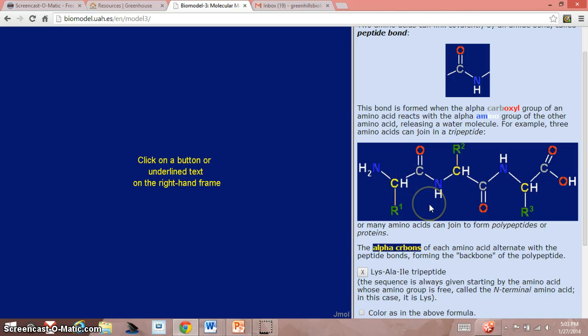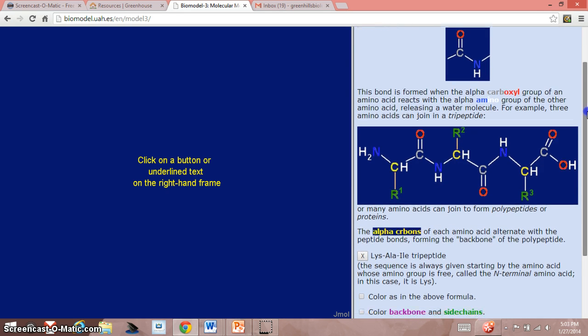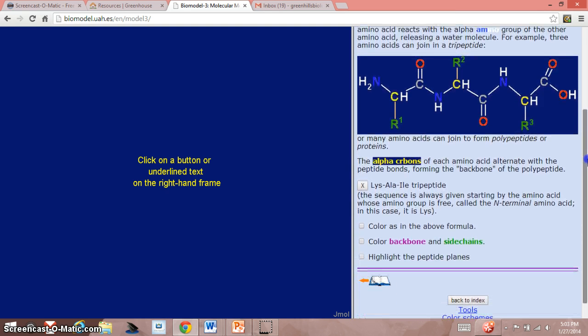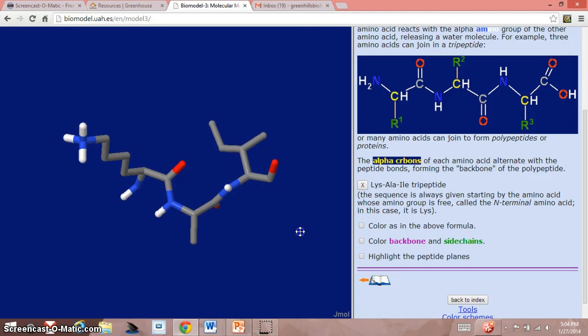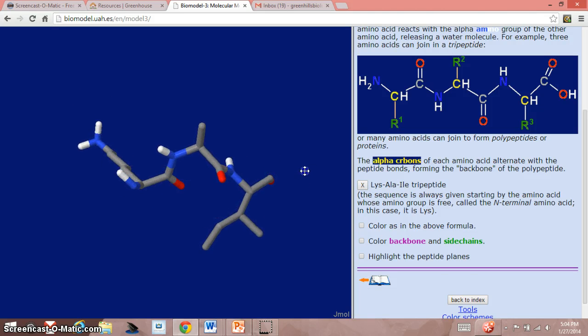And then what is released or removed as this reaction occurs, based on the information given. So here is an example. That's what they would look like once they were all bonded together.